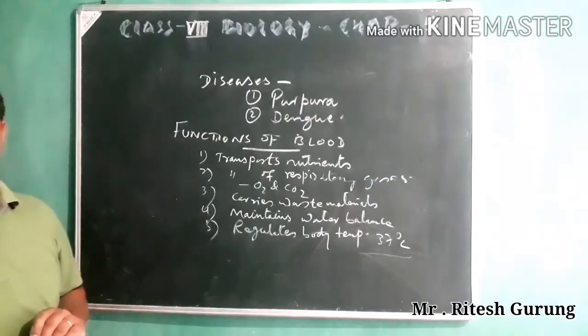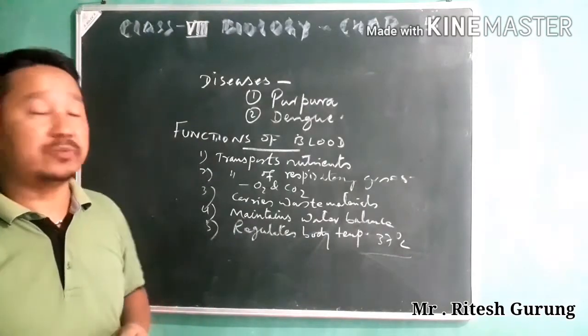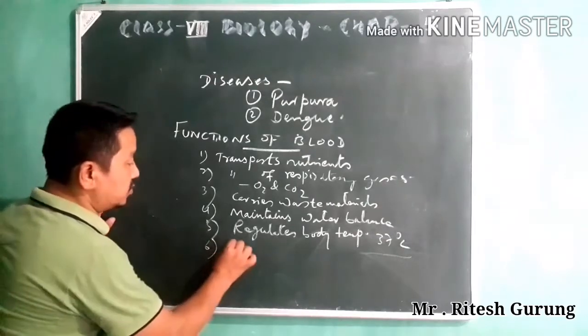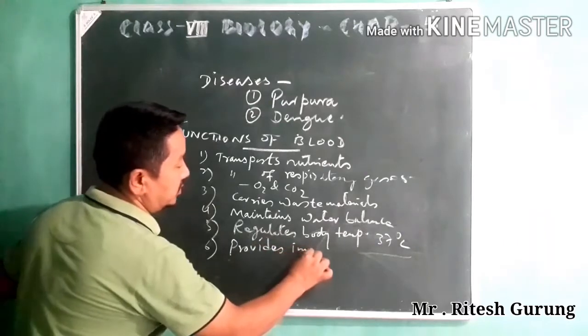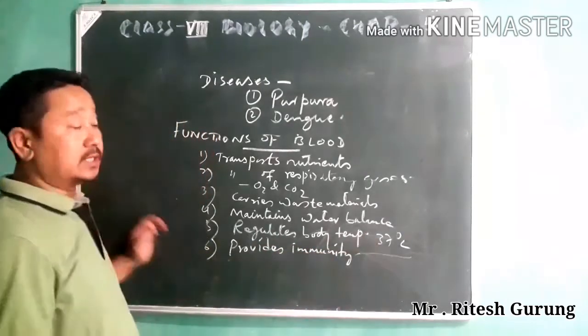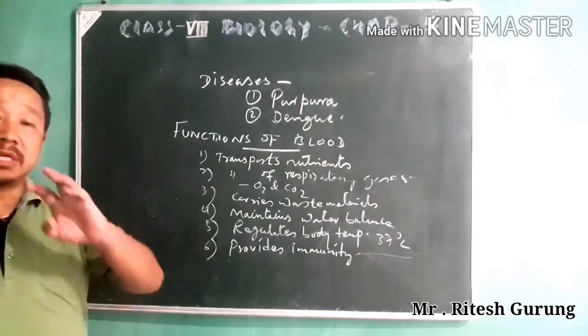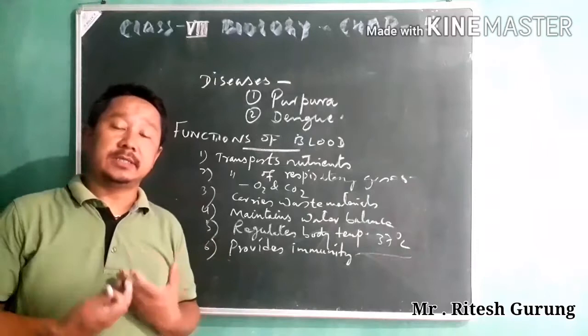And number 6, blood also provides immunity. In the last session we talked about the function of WBC. The function of WBC is to provide immunity.